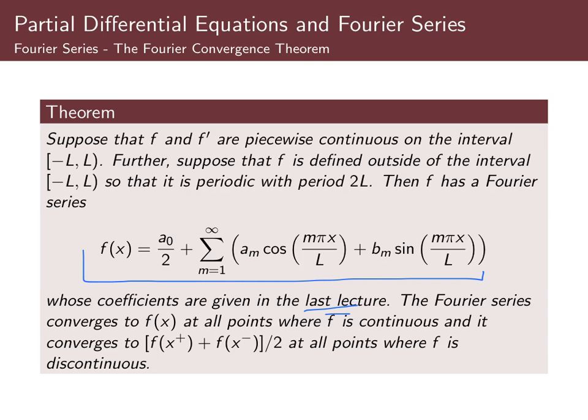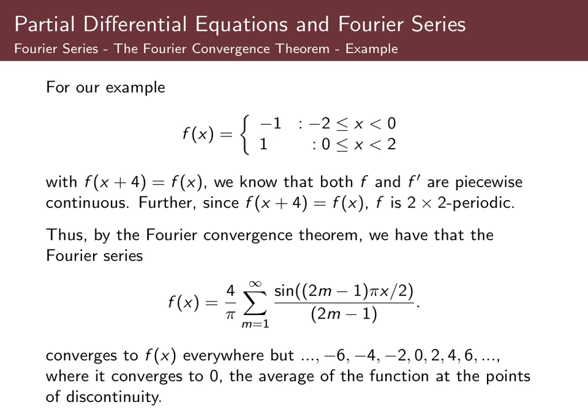And when it's not continuous, it converges to this average of the values of f around a point of discontinuity. So f of x plus is the right-hand limit of the function at x, and f of x minus is the left-hand limit of the function at x. We add them up, we divide by 2, that gives us the average, and that's where the Fourier series will converge to at points where f is discontinuous.